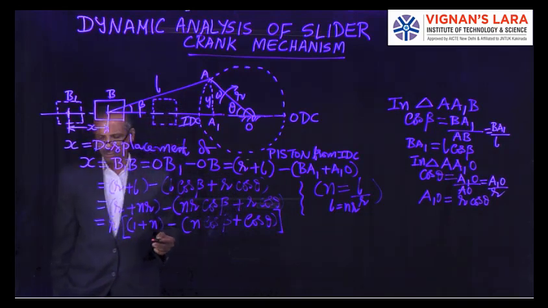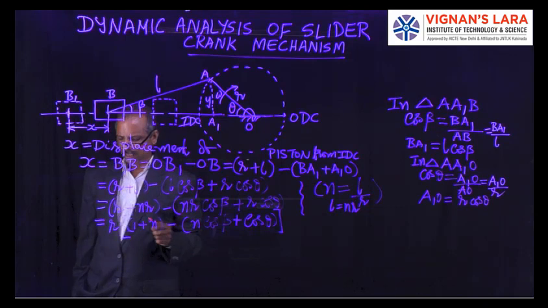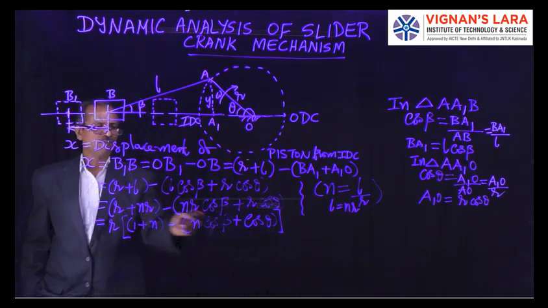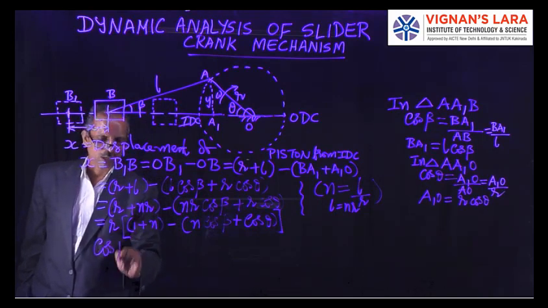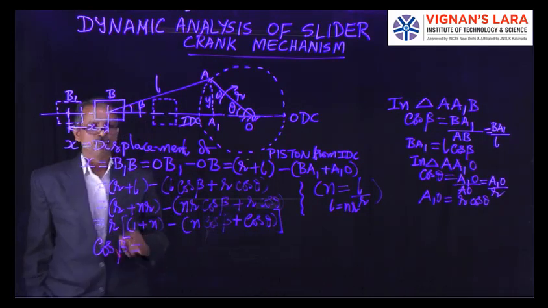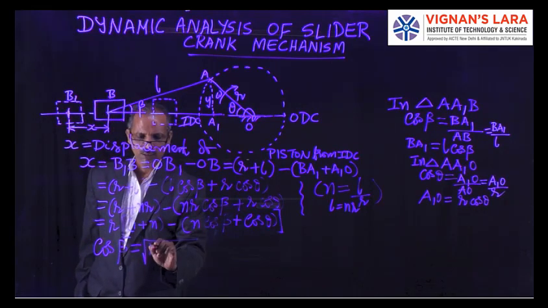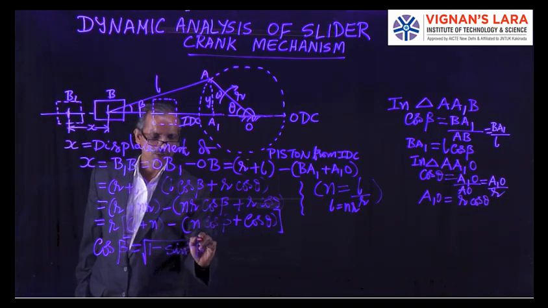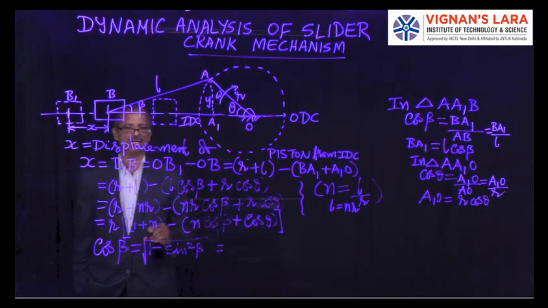Once I get this value, I want to convert beta also in terms of theta. Cos beta can be written as root over 1 minus sine square beta, just as cos theta is root over 1 minus sine square theta.